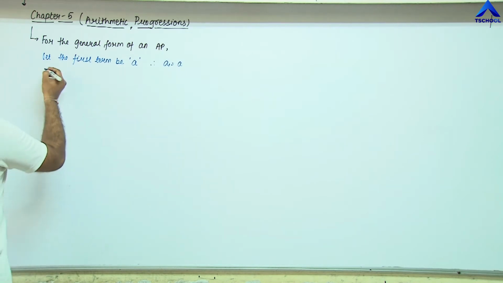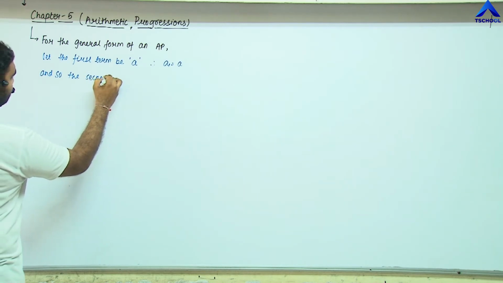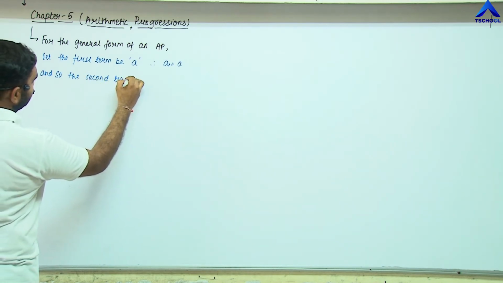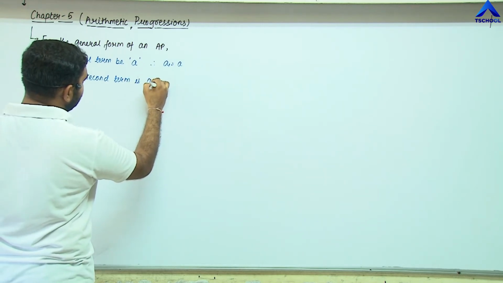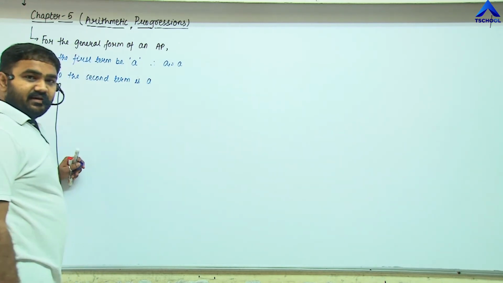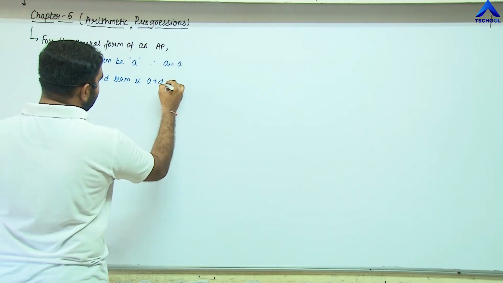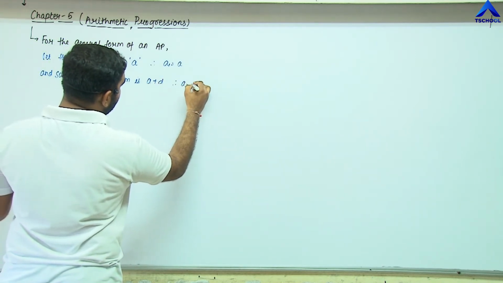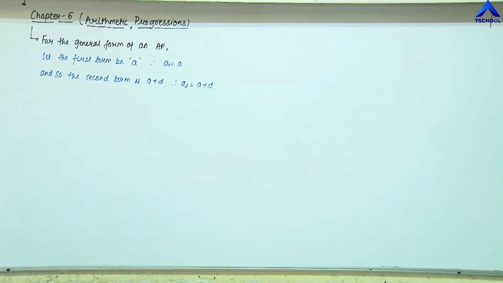right, and so the second term is A plus D. Yes or no? A plus D, therefore A2 equals to A plus D. Why?